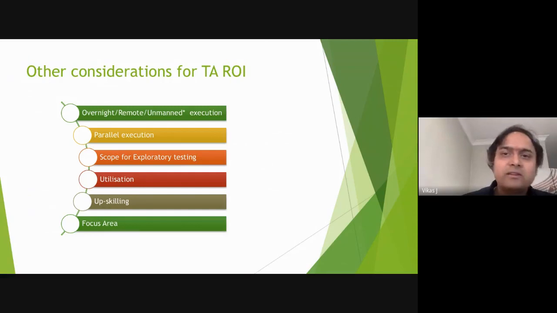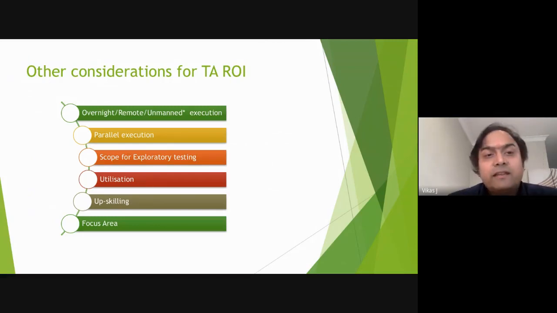Early morning, you come back, look at the results, and say, okay, this is where it has failed, let's focus on this area. So we are trying to move away from the earlier definition of ROI. Now it's much bigger. Can we do parallel execution? And there's scope for exploratory testing for manual testers if they want to.